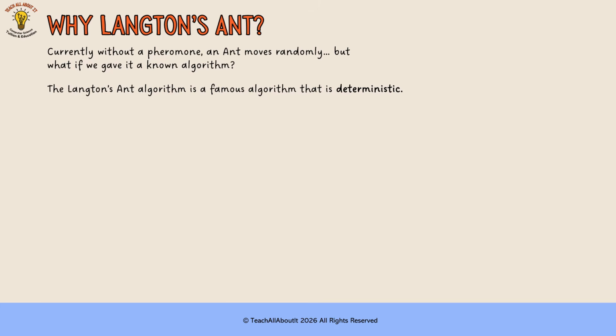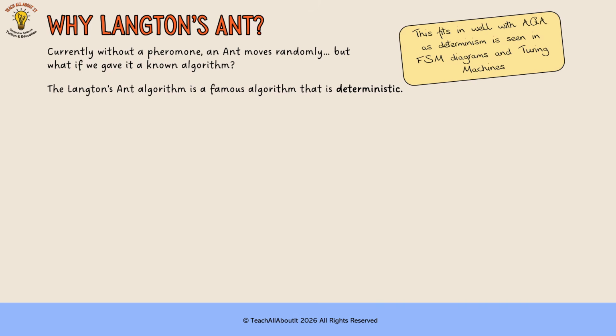So Langton's ant algorithm is a deterministic algorithm. What that means is that when you input something, you can determine what its output will be, and every time an input is put into this particular algorithm, if that input is the same, you will see the same outcome.